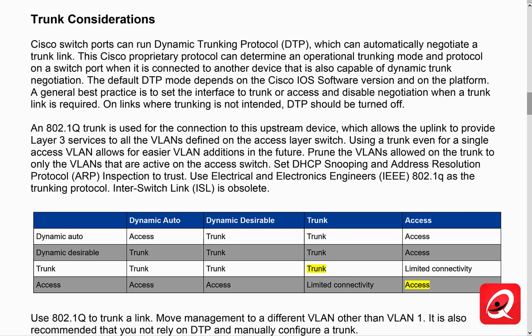Now, we do have two different trunking protocol options, 802.1q, which is an IEEE standard for trunking, and Inter-Switch Link. They define it as obsolete in the book, but believe it or not, it still exists in a lot of Cisco IOS platforms. ISL was developed by Cisco.